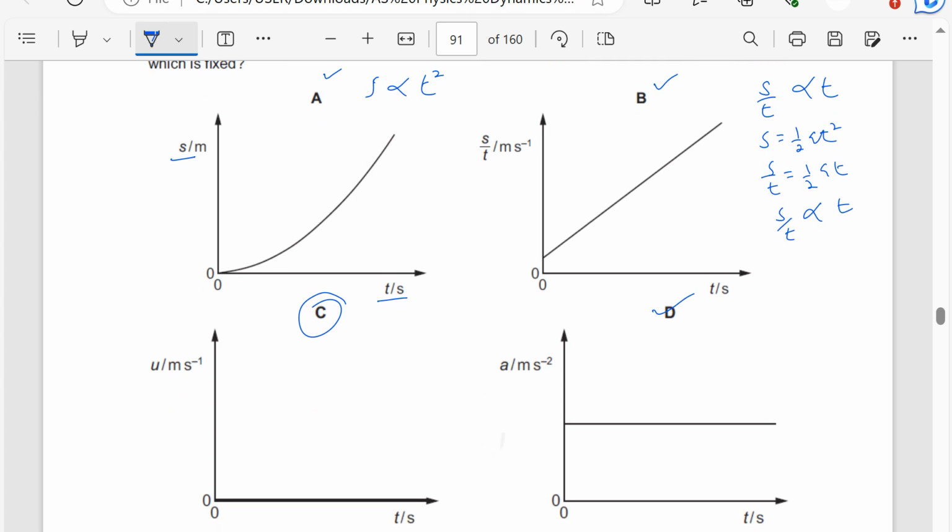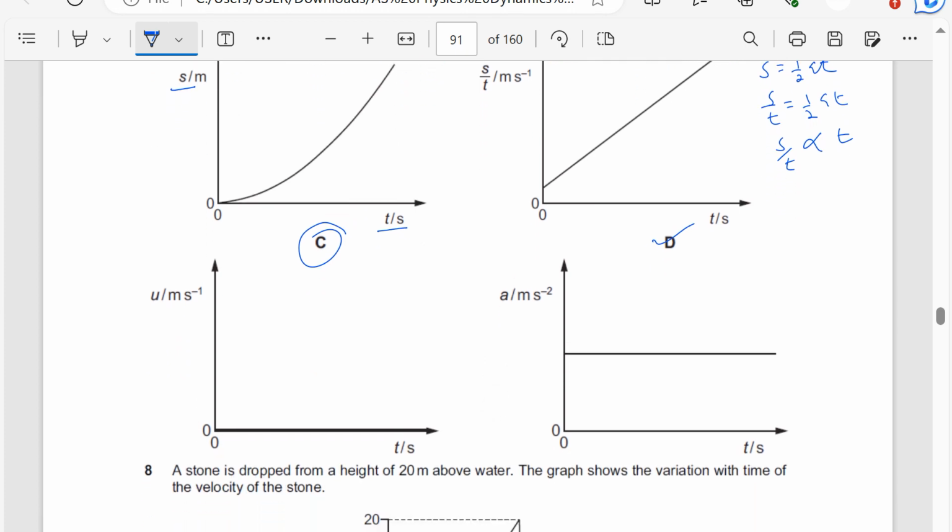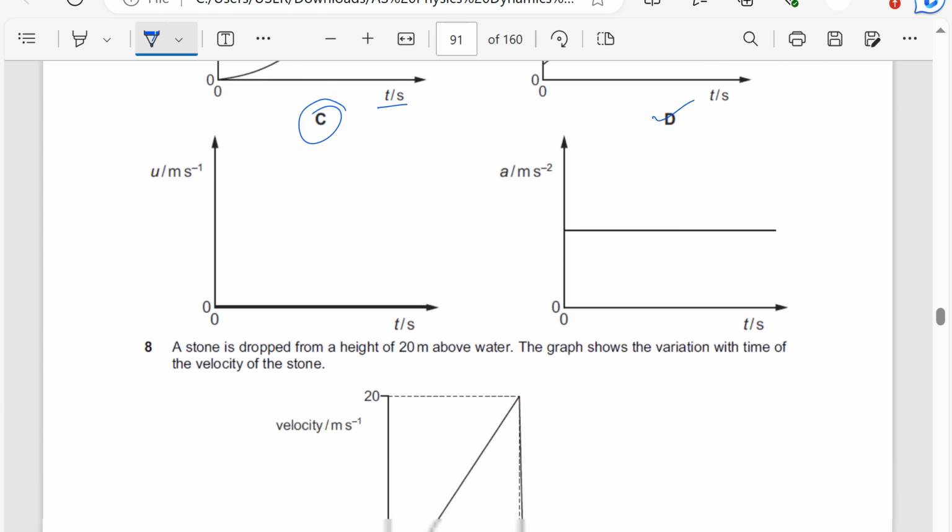So the relationship between U and time, U will not remain 0 throughout when time changes. So that means the answer is going to be C.